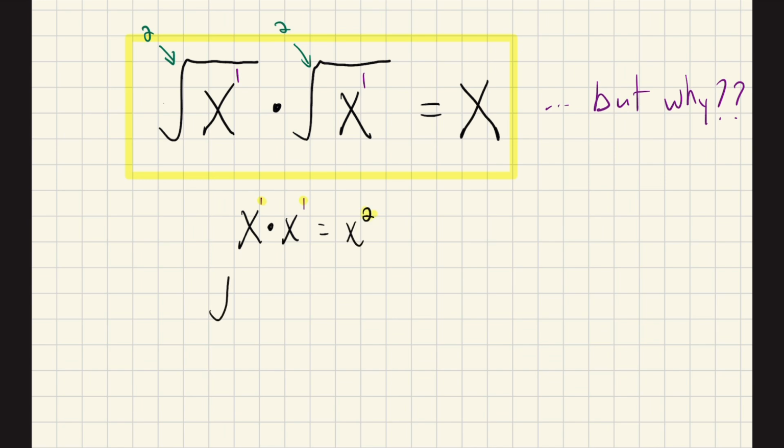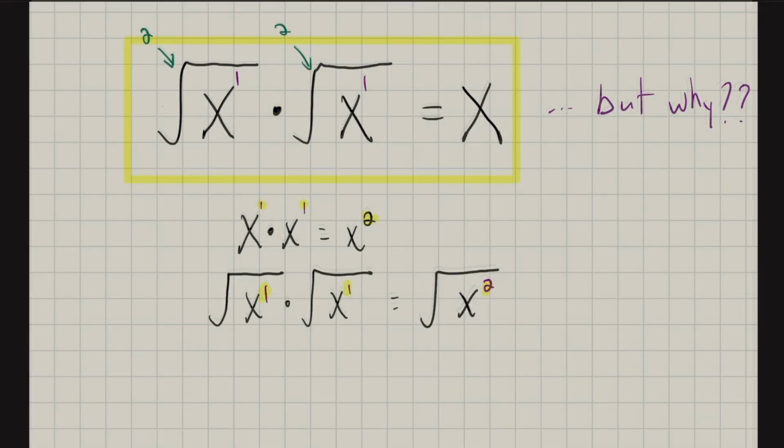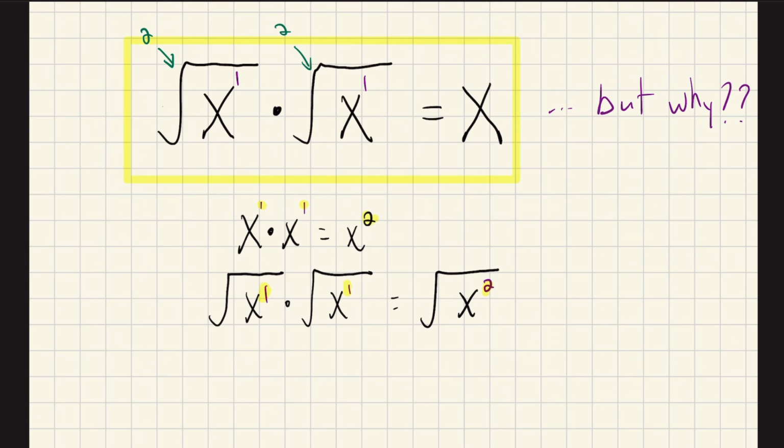That wouldn't change. So if I go x to the 1, root x to the 1, multiplied by root x to the 1, that is going to give me, if I keep the root momentarily, root x to the 2. Now, when this happens, remember that in math, if you can simplify, you should.